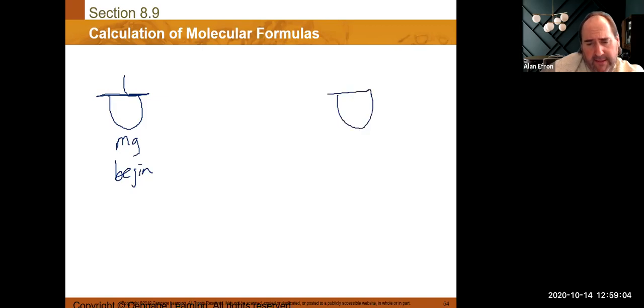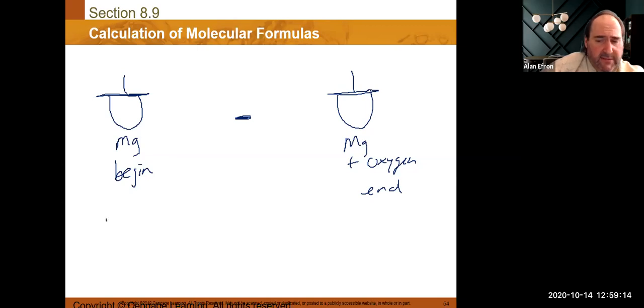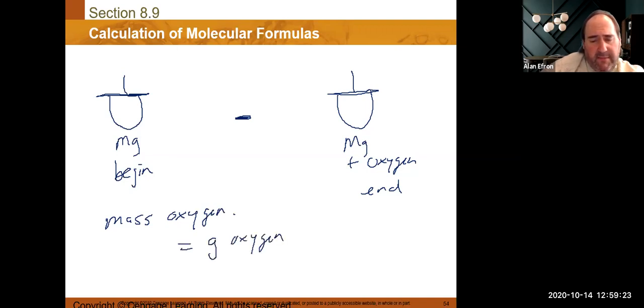At the end, we had magnesium and oxygen. If we subtract these two, that gives us the mass of the oxygen. At that point you would have the grams of oxygen and your grams of magnesium.